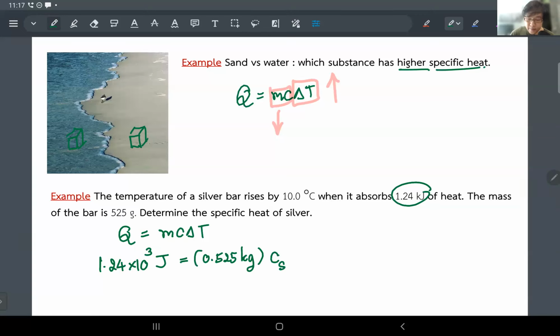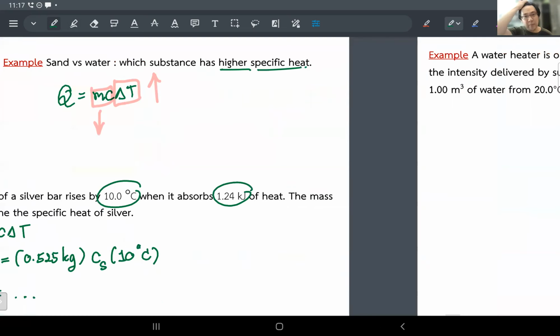And for delta T, because it rises by 10, you can put 10 here. It doesn't matter if it's in Celsius or Kelvin, the change of temperature will be exactly the same in both scales. And that's it, you're done. You will be able to find the specific heat of silver here. So this is easy plug and play: know your information and then apply this.